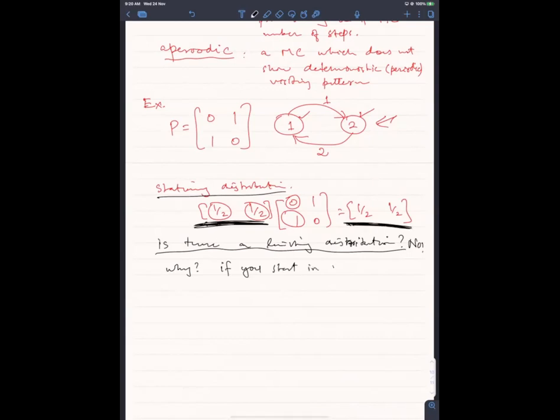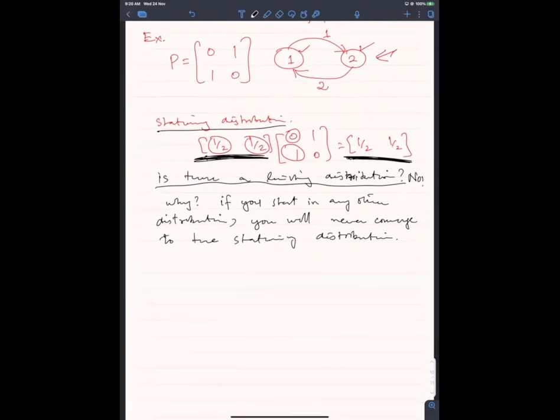If you start in any other distribution, किसी और distribution में आपने start कर लिया, you will never ever converge to the stationary distribution. करके देख लें. You will never converge to the stationary distribution.